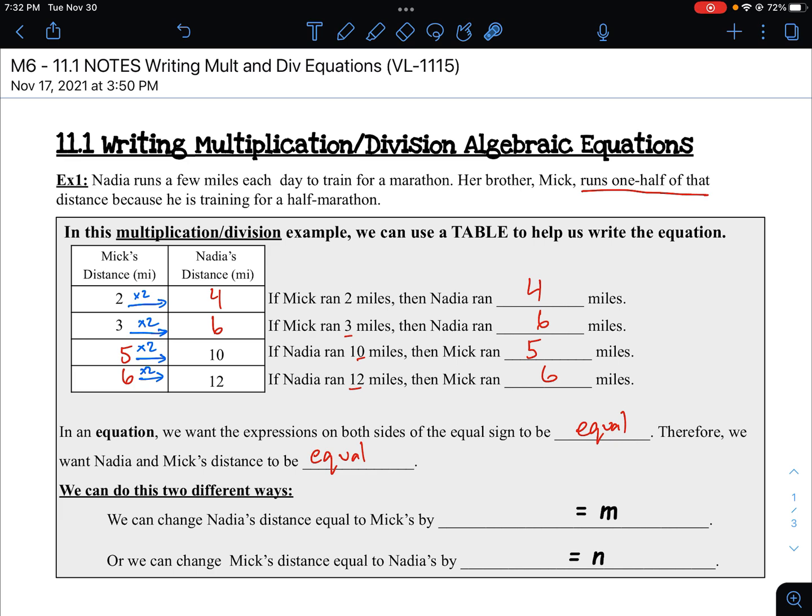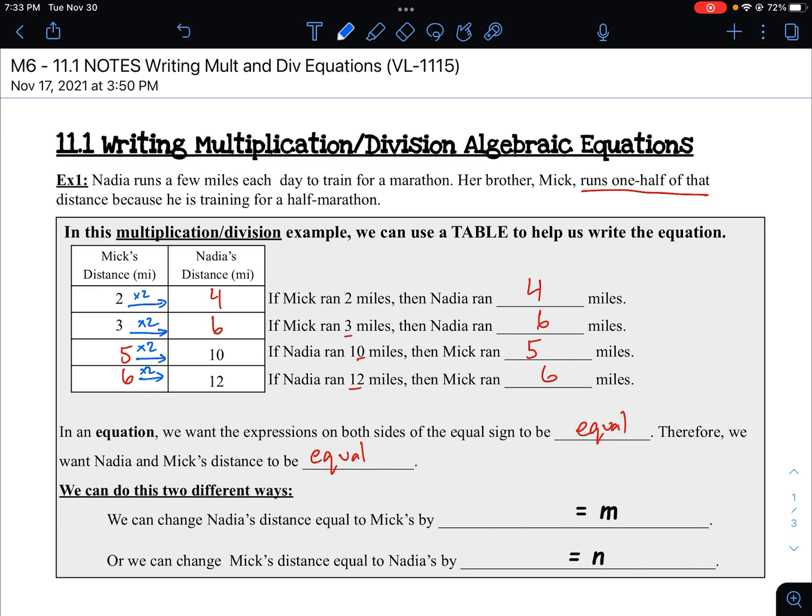What you don't want to do is say, oh, I add 2 over here, and over here I add 3, and over here I add 4, and over here I add 5, or add 6. It needs to be the same pattern. So you're either adding the same number every time, or multiplying by the same number, or dividing or subtracting. Whereas in this case, if I multiply this number, 2, 3, 5, 6, by 2, if I double it, I'm going to get Nadia's distance.